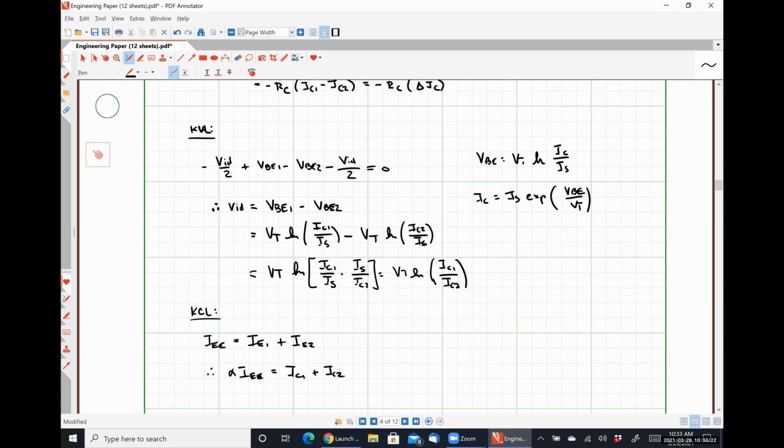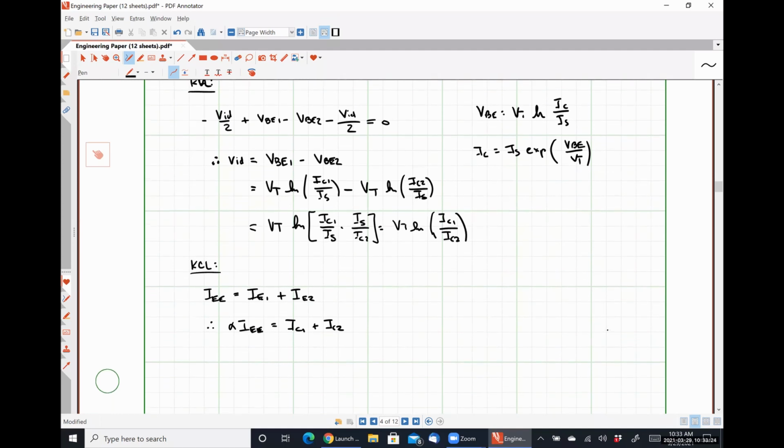So what I'm going to do is use this equation, and I'm going to change it slightly. Let's revisit this real quick.